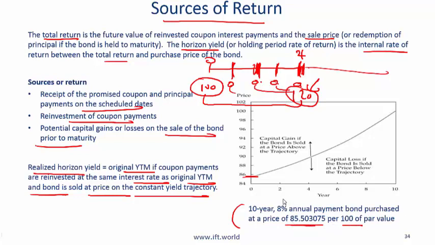So obviously in this bond the market rate initially was higher than the coupon rate. So you bought the bond at a discount. But if you hold the bond to maturity, then the price of the bond will slowly go up to 100. So this point is 100. This line connecting the initial price up to 100 is your constant yield trajectory.